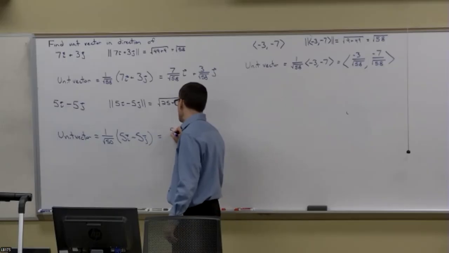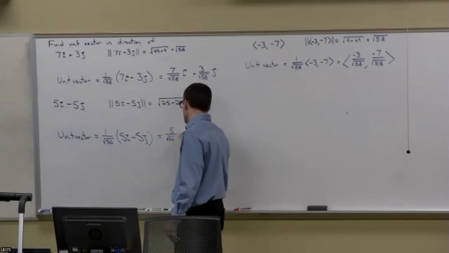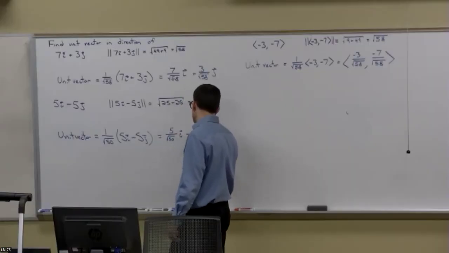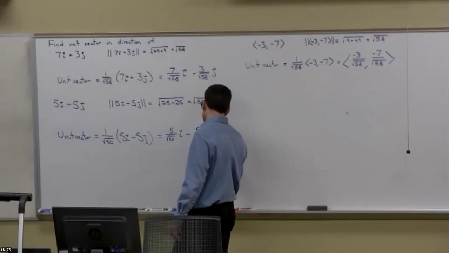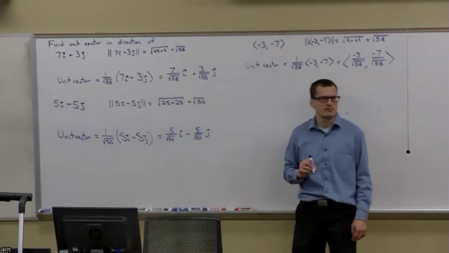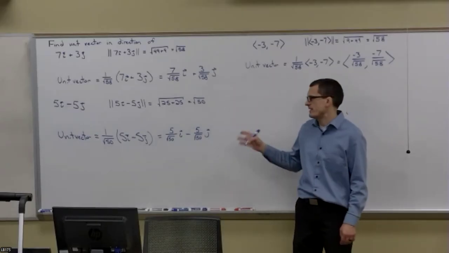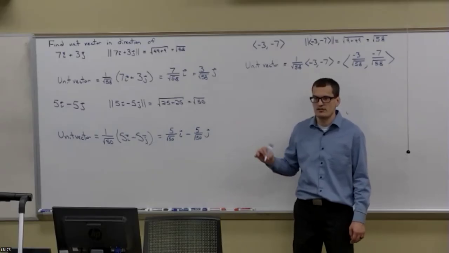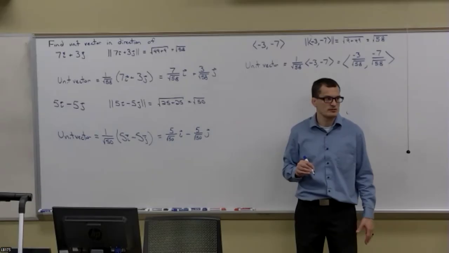So we get 5 over root 50 times i minus 5 over root 50 times j. Okay. That would be the final answer. You'd write decimal versions on the test or whatever.